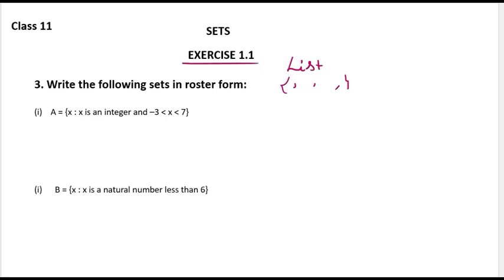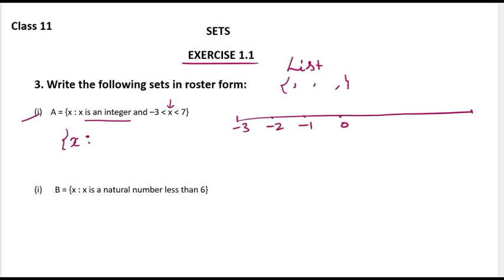In the first question they have given A is equal to the collection of all X such that X is an integer that lies between -3 and 7. So -3, -2, -1, 0, 1, 2, 3, 4, 5, 6, 7.